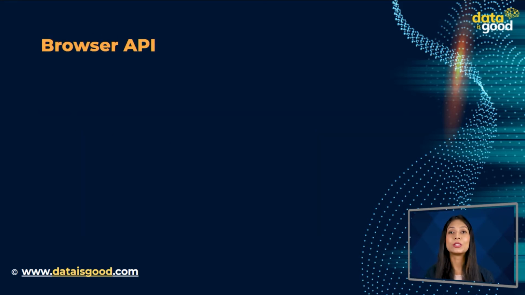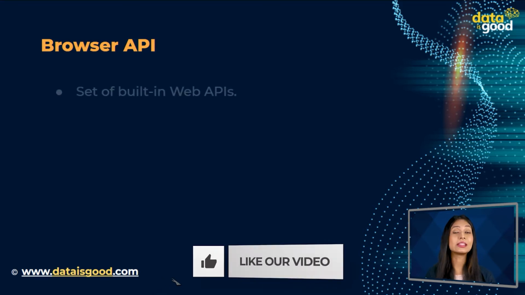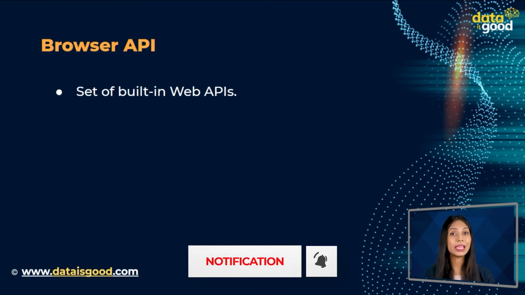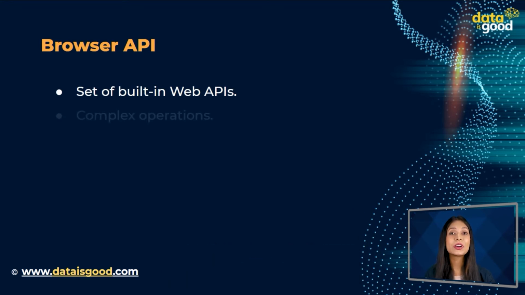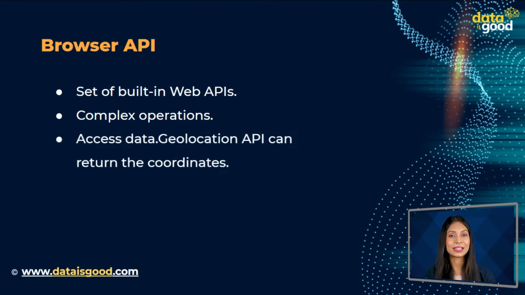Let us see what browser APIs are. All browsers have a set of built-in web APIs to support complex operations and to help access data. For example, the geolocation API can return the coordinates of where the browser is located. Let us see the code.